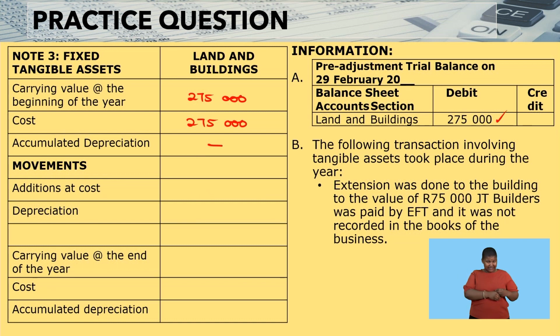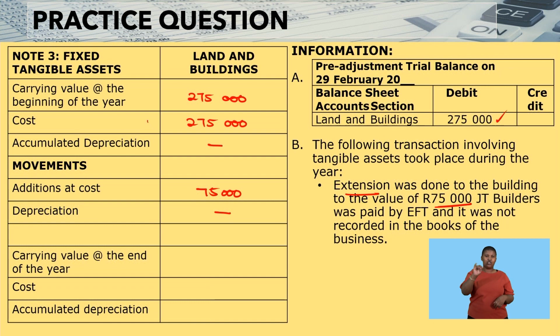Additions are 75,000. So we come here, we have additions of 75,000. The extensions that were done to the building will be recorded as the additions. There will be no depreciation. Therefore, we come now to the cost at the end.